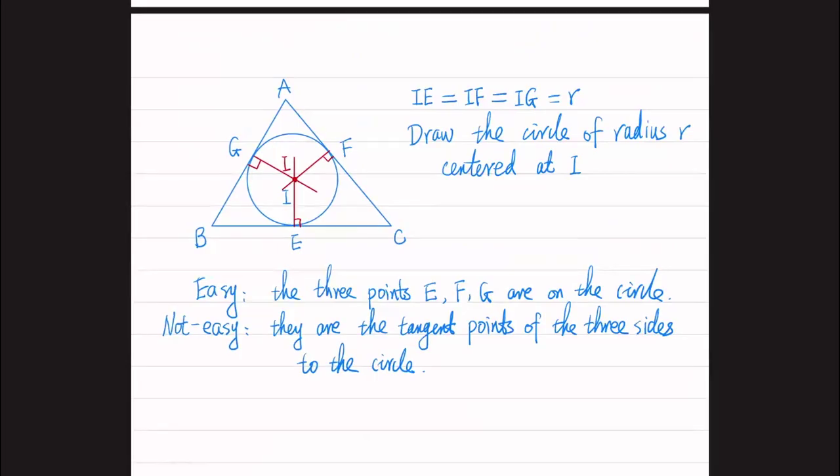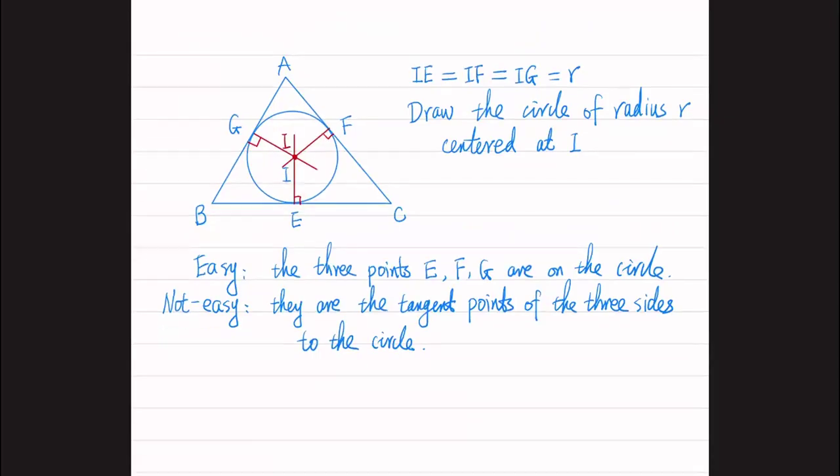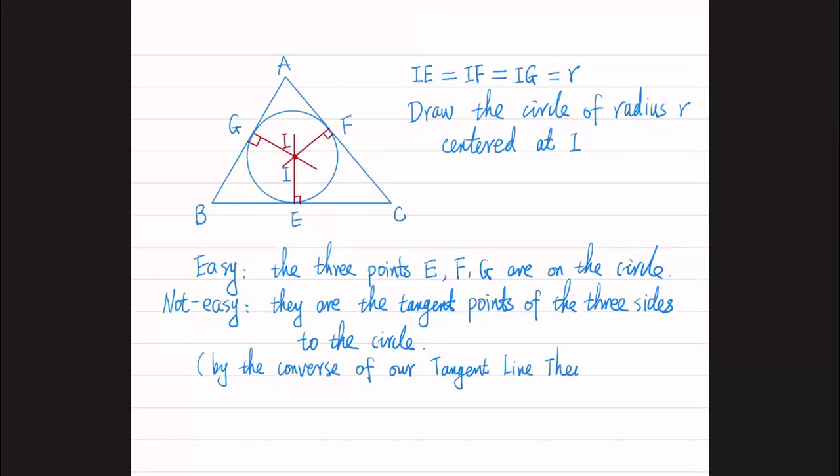Because E is on the line and it's perpendicular, this must be tangent. The perpendicular must be tangent. So the reason for this is the converse of our tangent line theorem. Because they are perpendicular, it must be tangent.